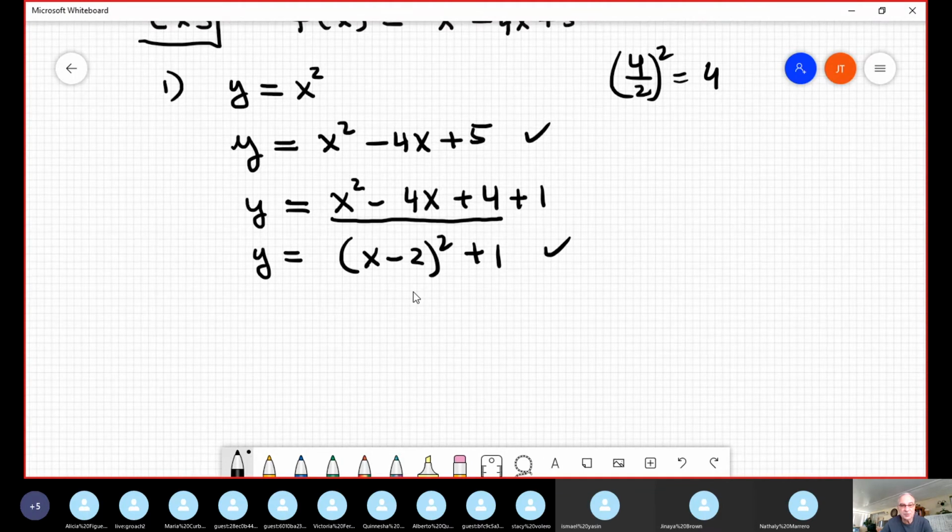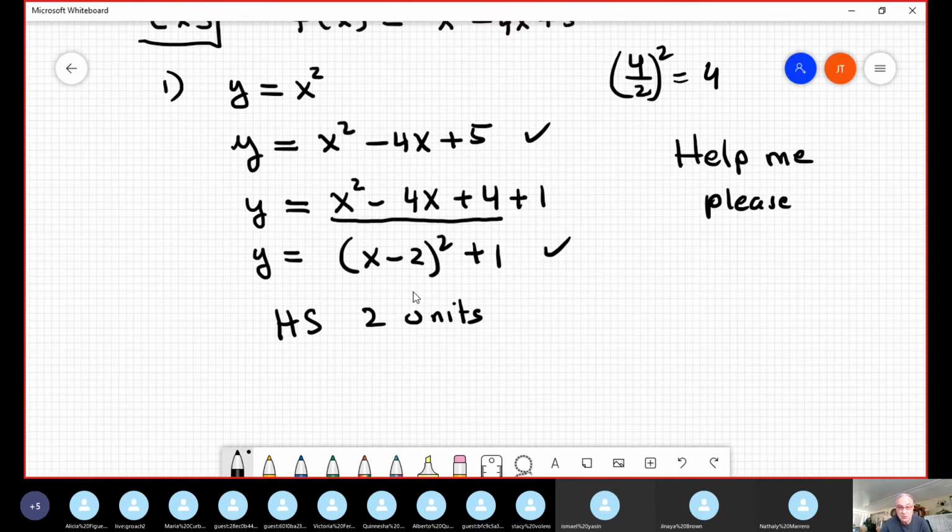What kind of transformation can you see, guys? Help me, please. A horizontal shift and a vertical shift. Exactly. You see them in this order. Exactly, she said. Number 1, horizontal shift, 2 units. In what direction?